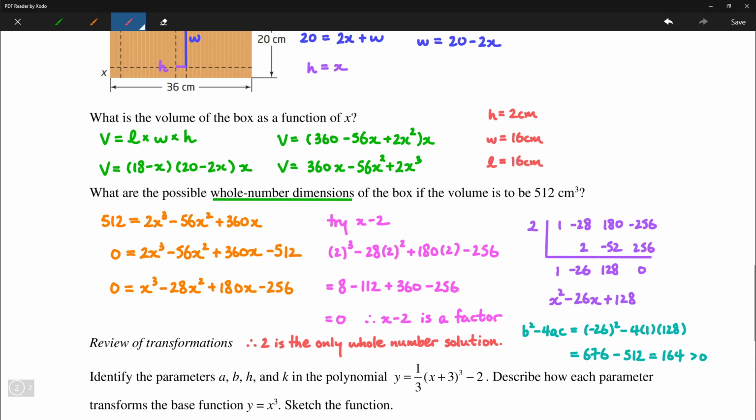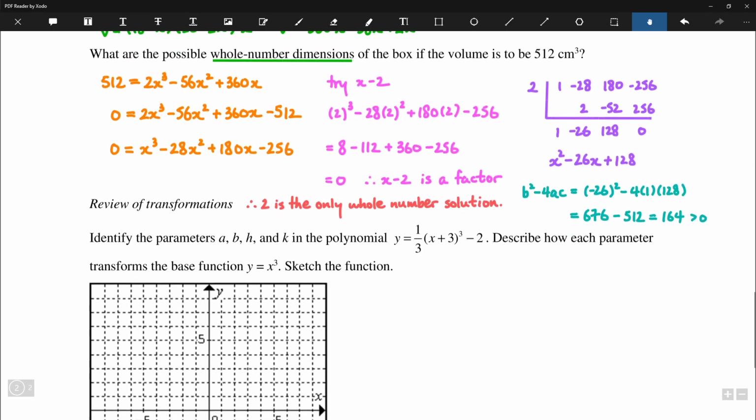So 16 by 16, and then the height of 2. 16 squared is 256, times 2 is 512, and so that makes sense. That is the original volume that we started with. So that's it in regards to the polynomial word problems.